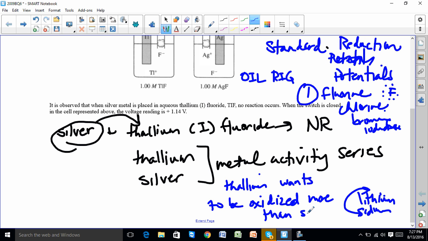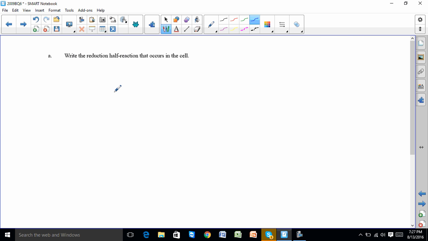But the interesting thing is the standard reduction potentials are a list from what wants to be reduced the most to the least. The oxidation potentials would be if you flipped it upside down and looked at it backwards. So basically, this is telling you thallium wants to be oxidized more than silver. Another way to see it is silver wants to be reduced more than thallium.